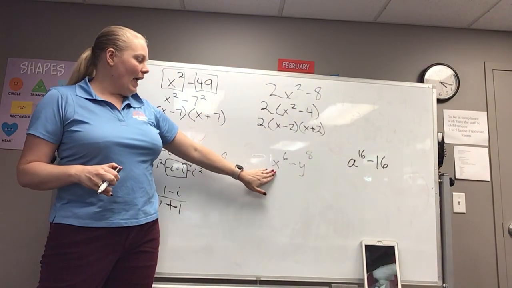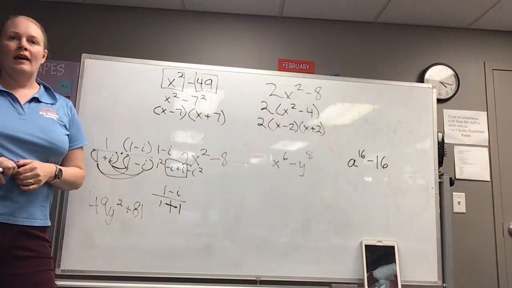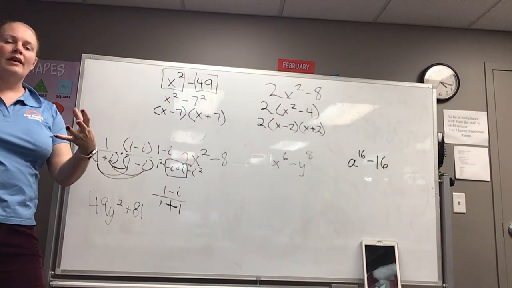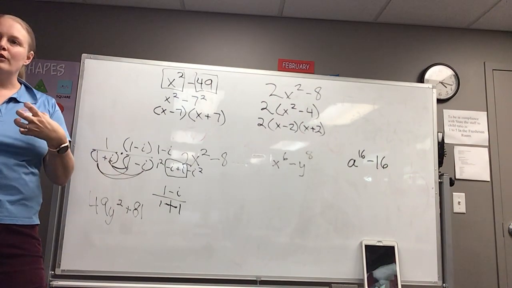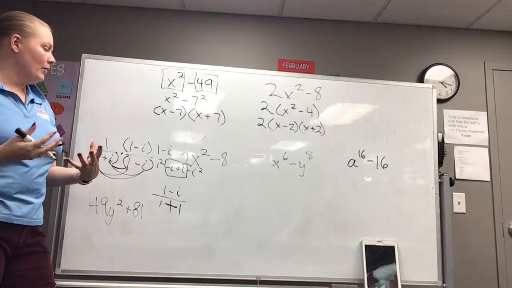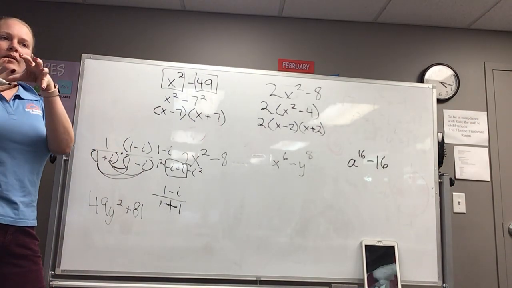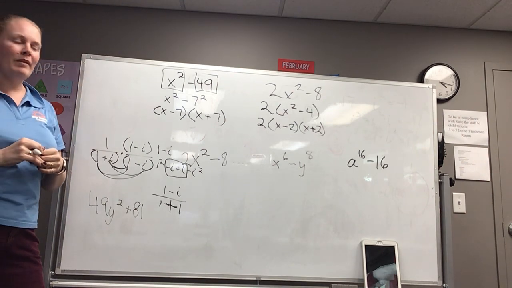Here, with x to the 6th minus y to the 8th, the thing that I want you to be comfortable with is the idea of being able to rewrite numbers to something that is equal to them while keeping the same problem. And I did that a little bit with the i, when we turned it from i to i squared to a different power.